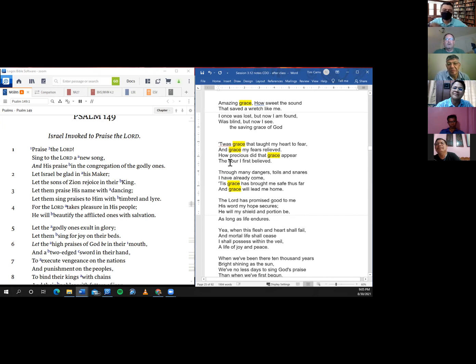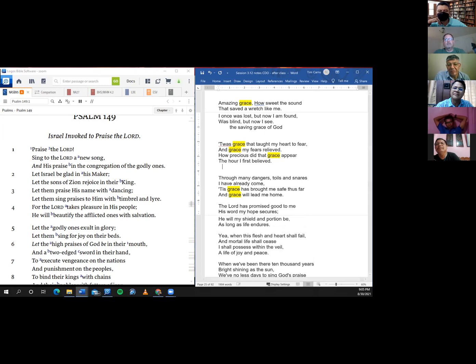Now the second one, again here, what's the idea? What's the focus? The reverence of God. Okay, reverence. But notice, grace taught my heart to fear. Grace, my fears relieved.